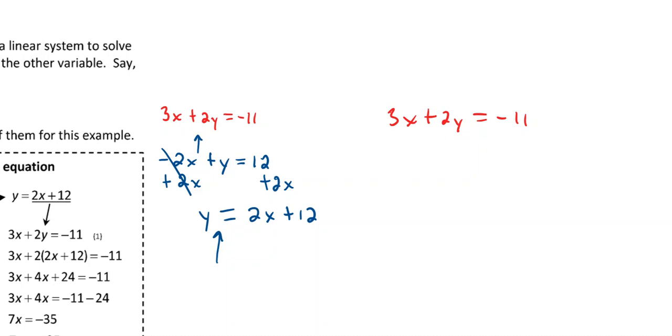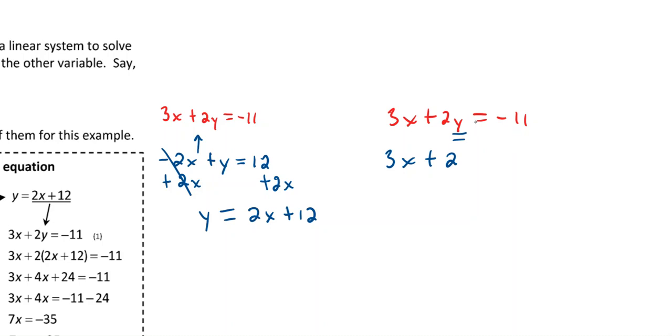So we're going to do a little trick here where we make it so this equation is all in terms of x or y. It doesn't matter which one. So we're going to sub that into that. And here's what it is. We're going to rewrite this now as 3x plus 2, but instead of a y, I'm going to write what I know y is equal to.